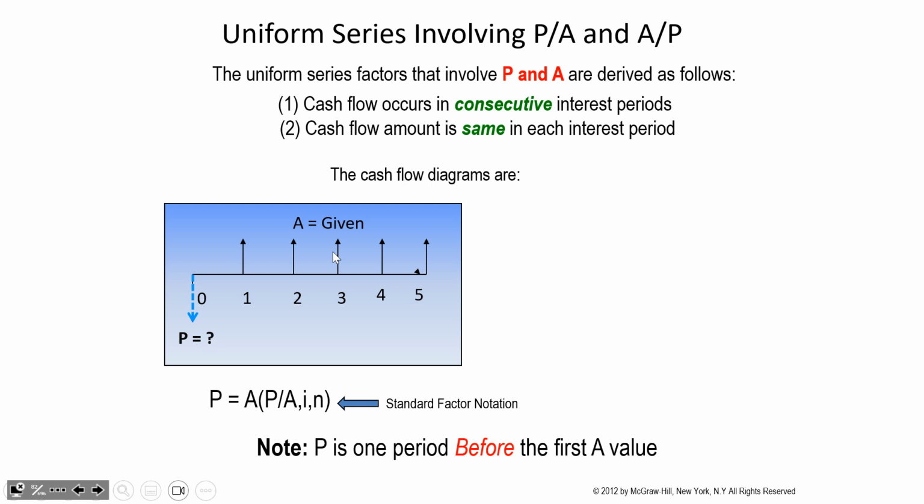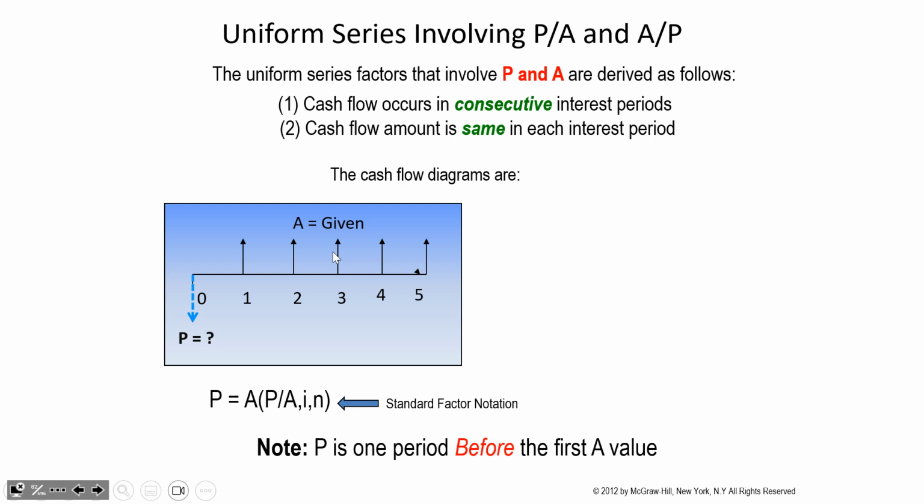And then you could find the equivalent value of the first annual series with n equals 3. And then you could find the equivalent value of the next annual series, in this case with n equals 4. And then once you had here at time 0, one of them already at the present, and this so-called quasi-present value at time 4, you'd have to move that back to the present as a single lump sum.